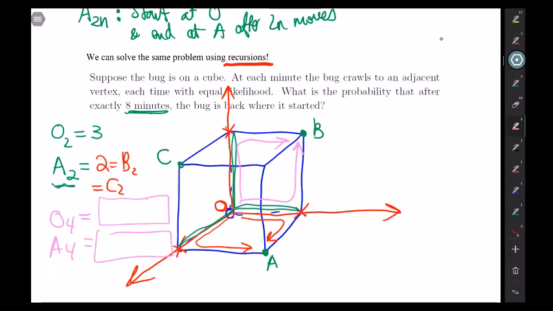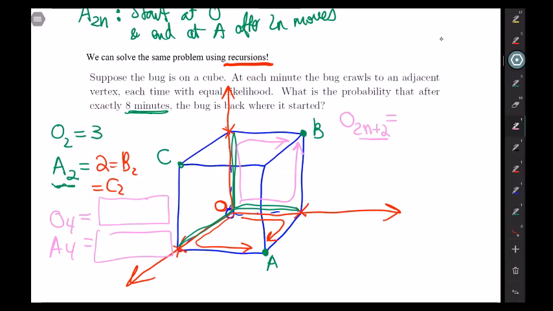All right, I'm not going to do it that way, or maybe I should. Whichever way, let me just construct the recursion directly. So O_{2n+2}: if you want to end up at O after 2n+2 moves, where were you 2 moves before, after 2n moves?